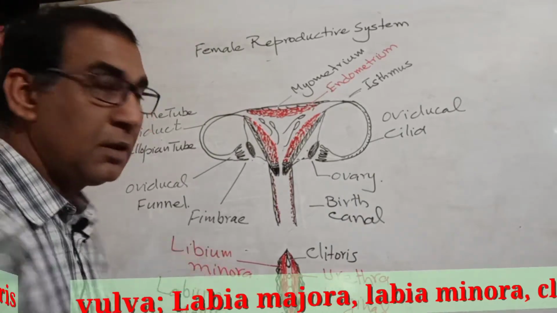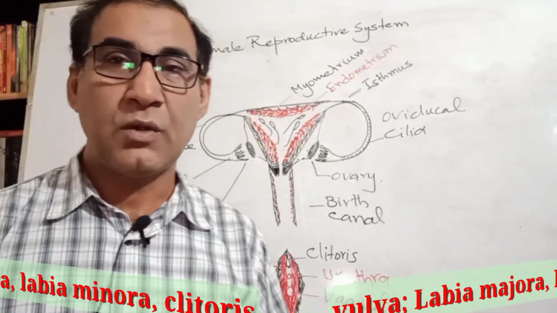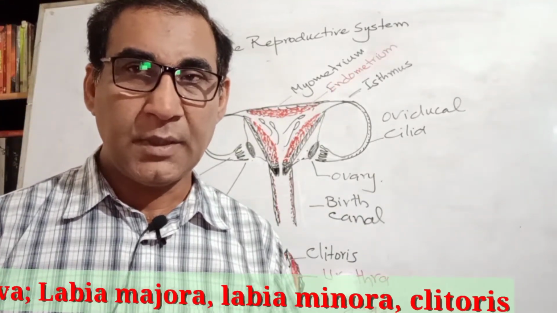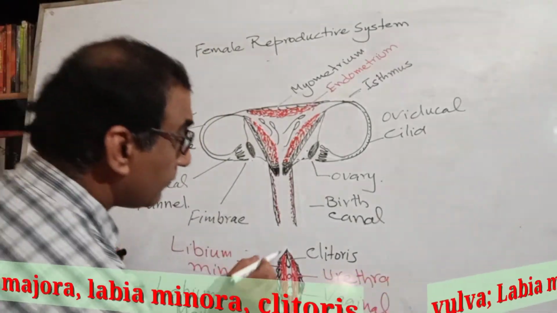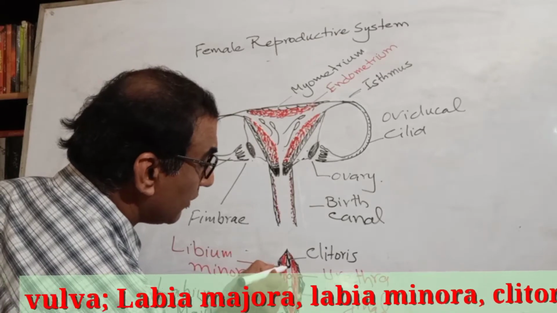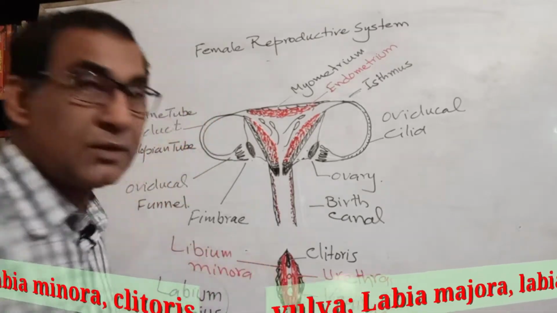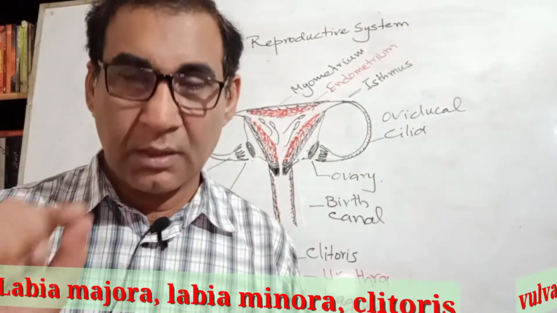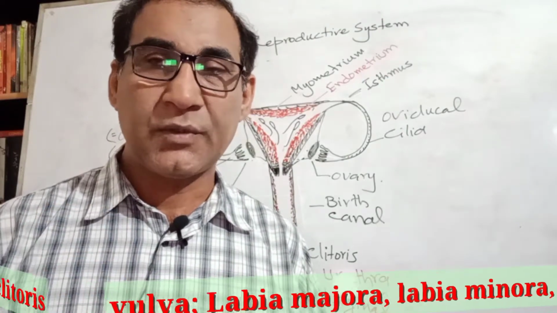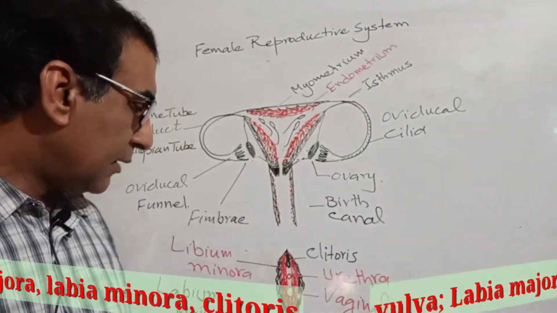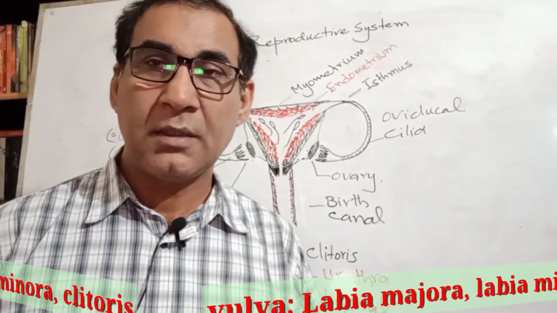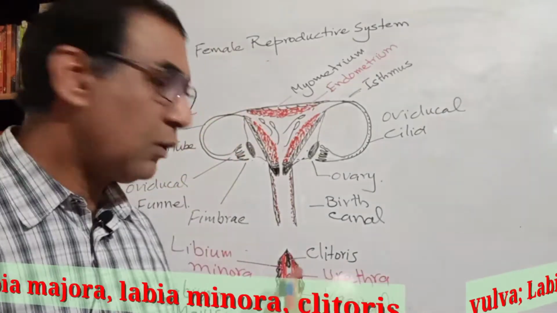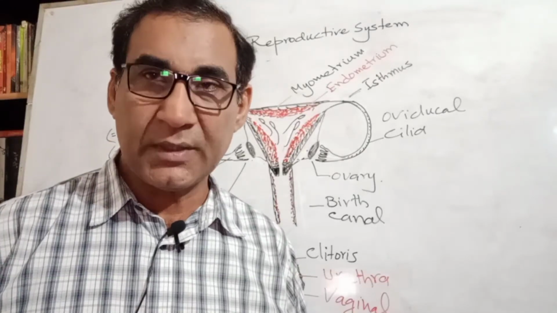And these are labia majora. And here is a structure, a pea-like structure, and that is known as the clitoris.